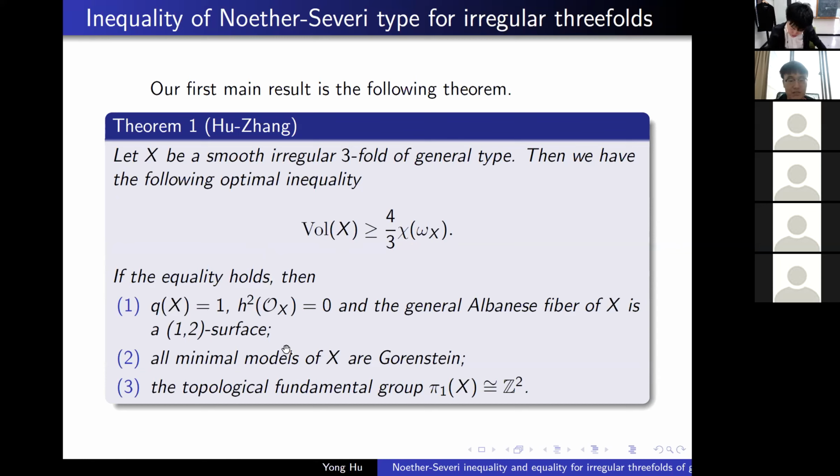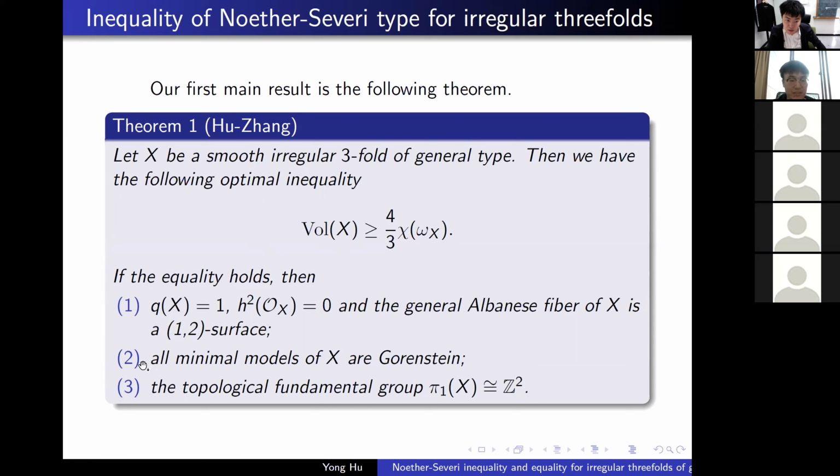And we know since q(X) is equal to 1, the Albanese map of X is a fibration onto a smooth elliptic curve. So the general Albanese fiber of X is a surface. And we prove that the general Albanese fiber of X is in fact a 1-2 surface. This is a very special surface. I will explain this surface later.